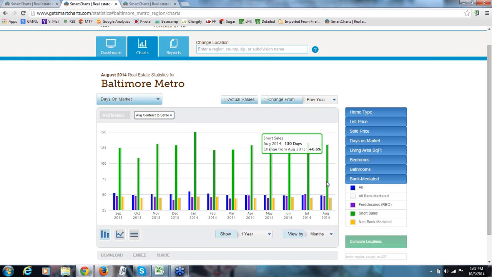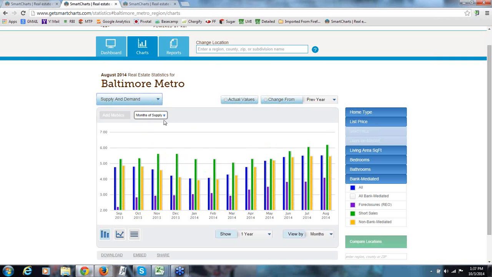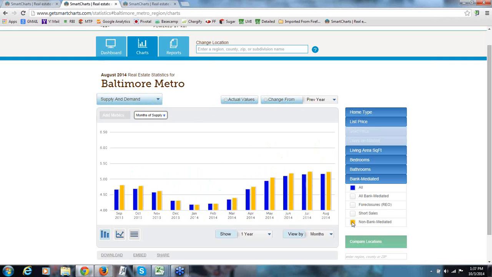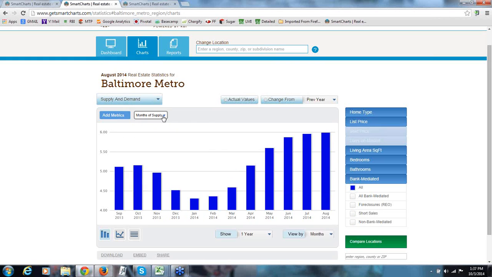Another sort of depressing look at the difference between short sales and other types of sales can be viewed by another new metric. It's in the supply and demand category, even though it's not a perfect fit there, but we definitely wanted to get it into the product, but it wasn't a standalone thing.